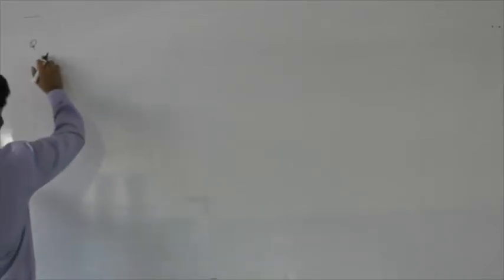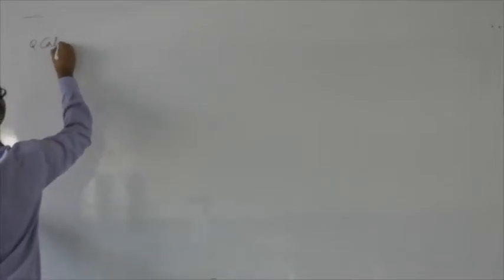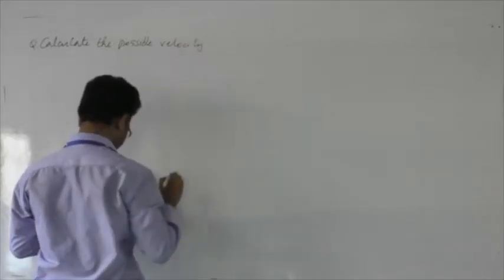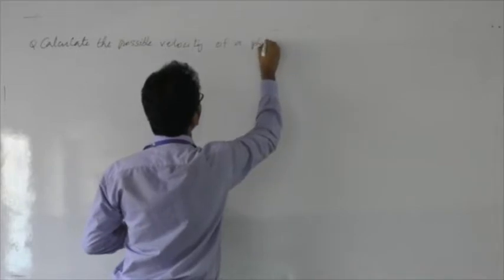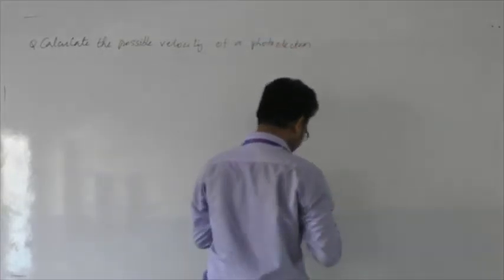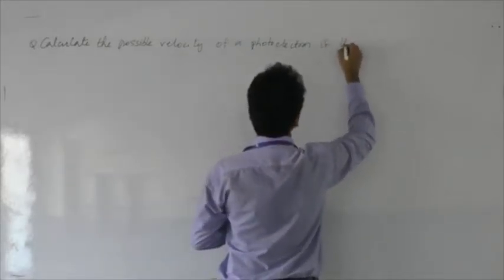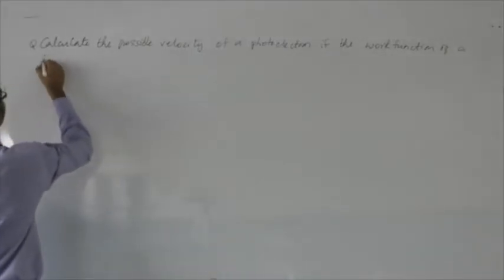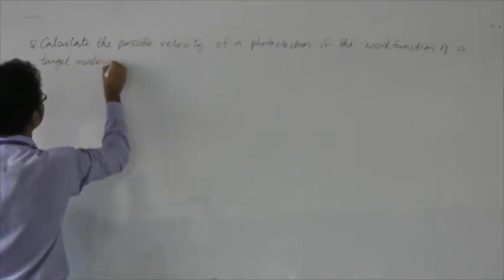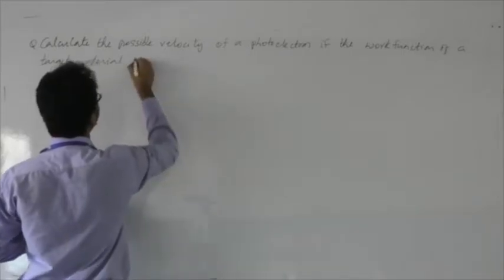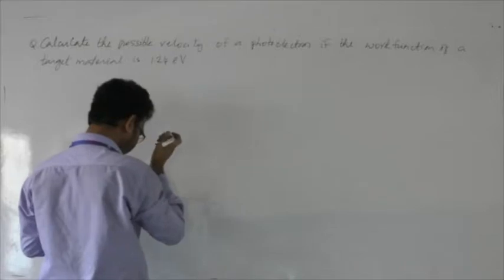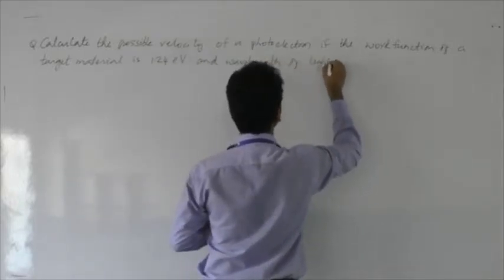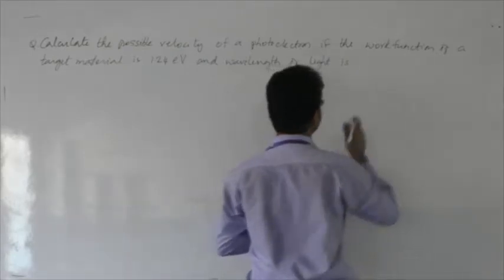I'll give one practice sum for you. Calculate the possible velocity of a photoelectron if the work function of the target material is 1.25 electron volts and the wavelength of light is 4.36 into 10 power minus 7 meters.